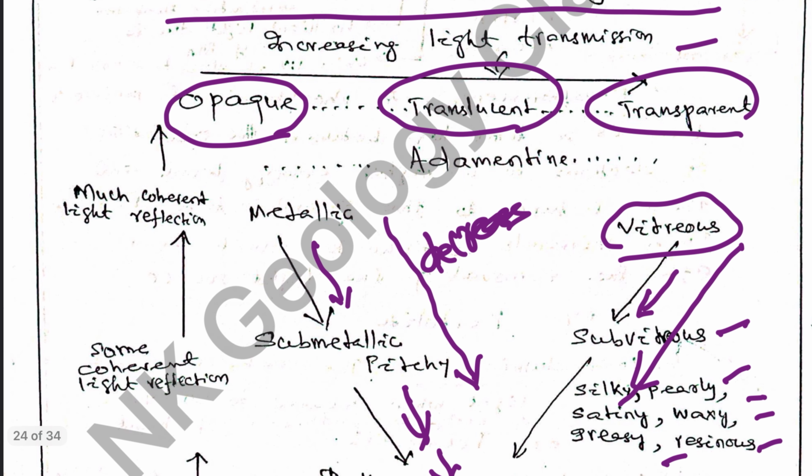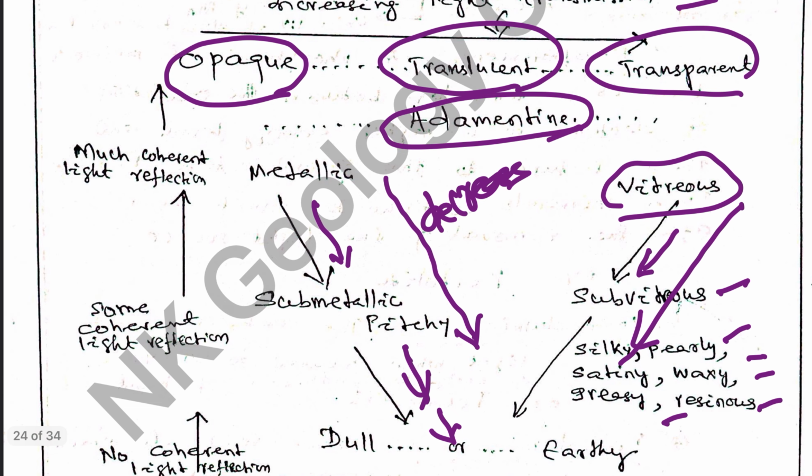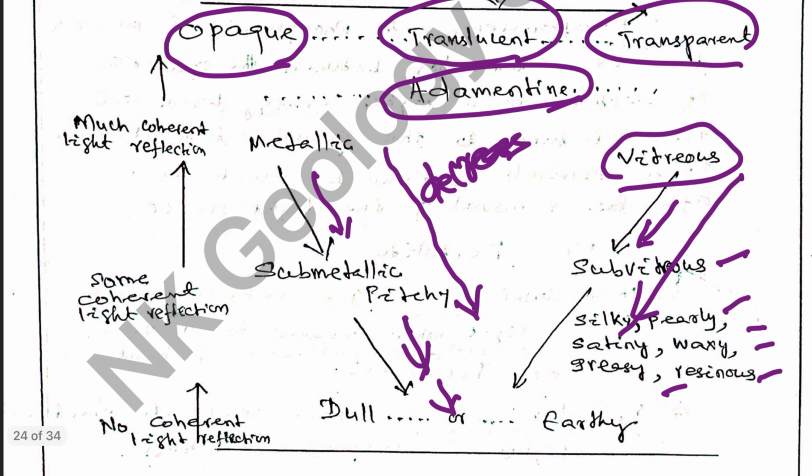And adamantine luster is the luster where there is maximum light scattering, or it is brilliant luster. The minerals which show adamantine luster are generally the gemstones. So, as you go down in this series, we see that the luster gradually diminishes.